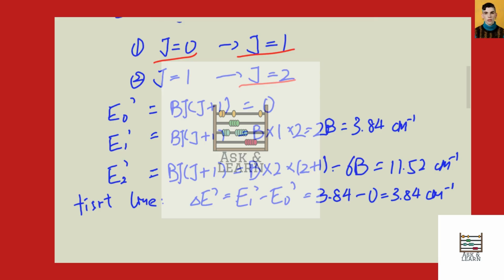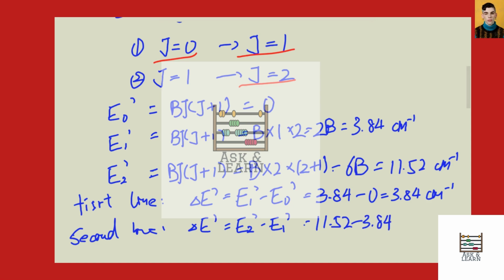And the position of the second line is the energy difference between the second excited state and the first excited state, which equals 11.52 minus 3.84, and the answer is 7.68 inverse centimeters. And that is the position of the first two lines.